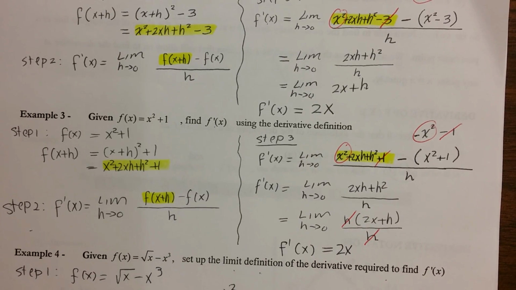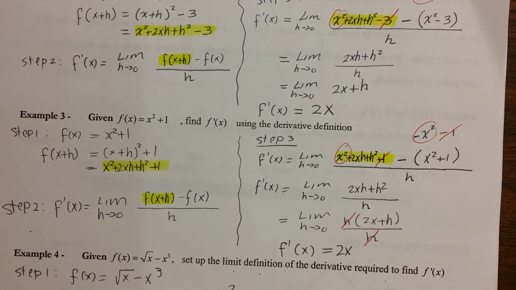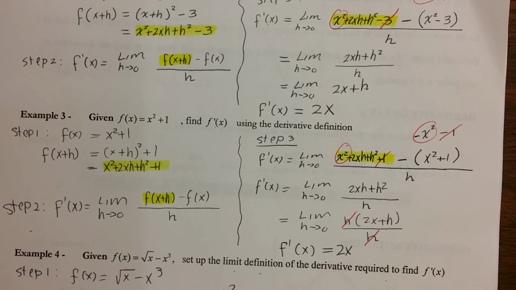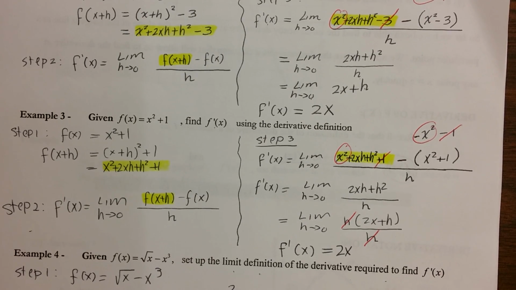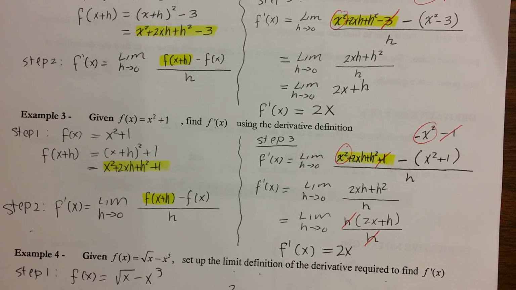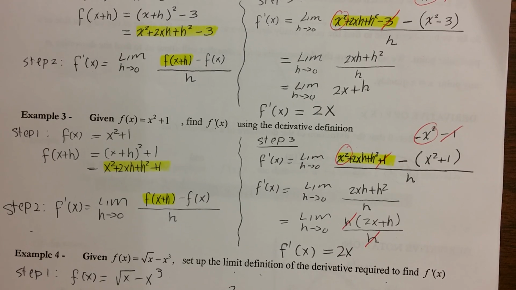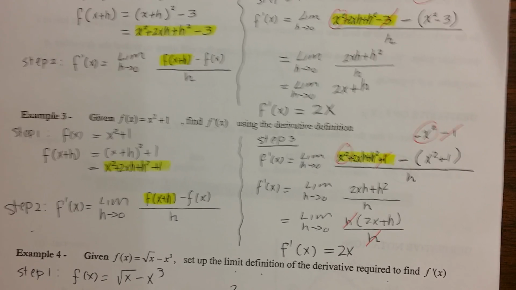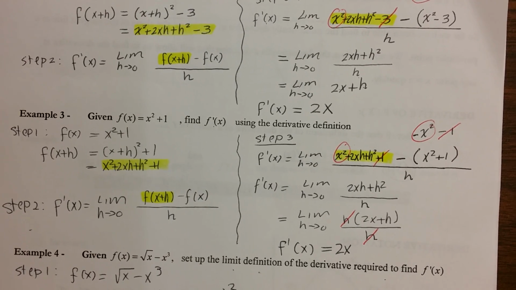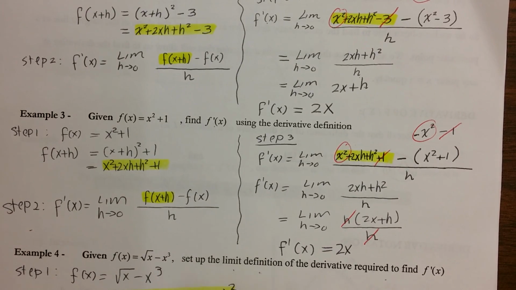Step 2, you write down the derivative function, or the definition of the derivative, like that. And then in step 3, you plug those in. But you've got to be careful, because f of x plus h is this whole thing.